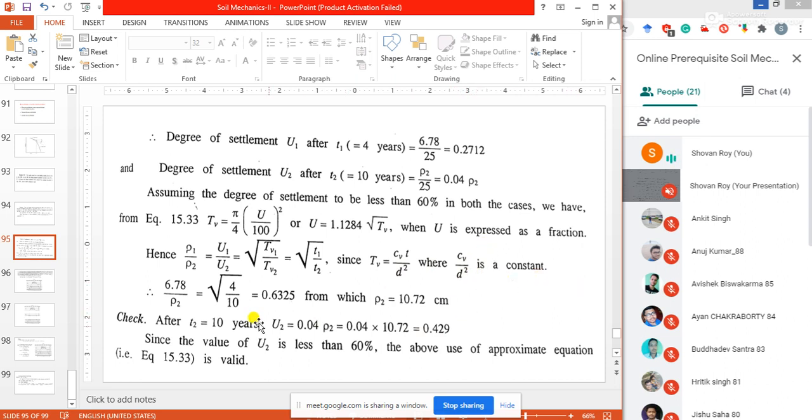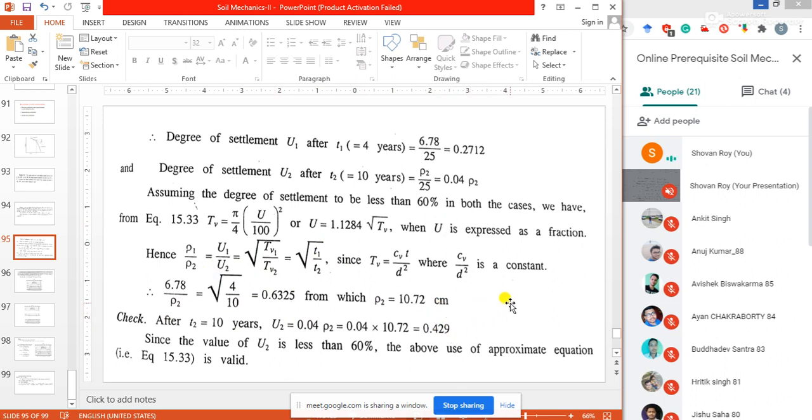That's why, now replace this rho 1. Rho 1 value is 6.78 from the question, and rho 2 is unknown to us, equals root over 4 for t1, 10 for t2, and finally the rho 2 value is available to us, 10.72 centimeter.